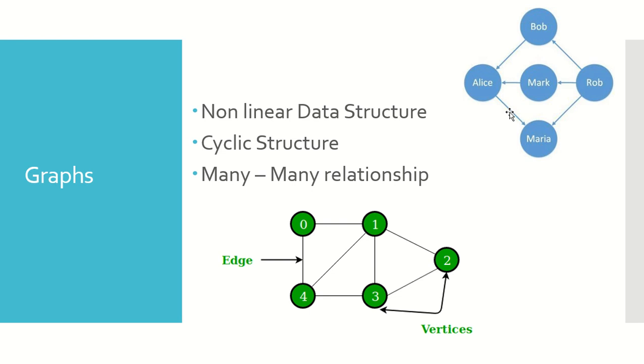When you have a common edge between two given nodes, then you can say they are adjacent to each other. I repeat, when you have a directed or undirected edge between two nodes of a given graph, then those nodes are said to be adjacent to each other.